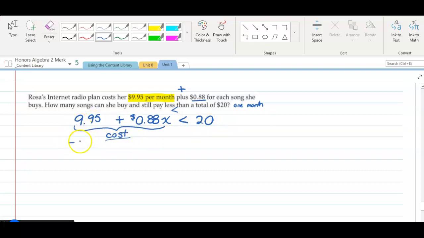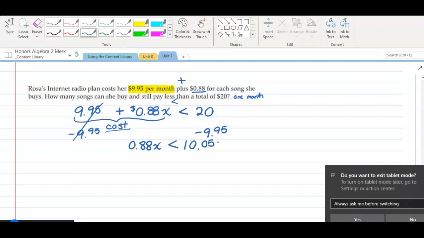So I need to subtract $9.95 from both sides. I'm left with 88 times x, and that's going to be less than $10.05. Let's use our calculator to solve the rest.